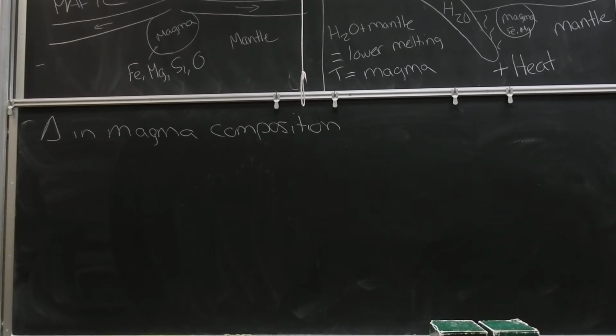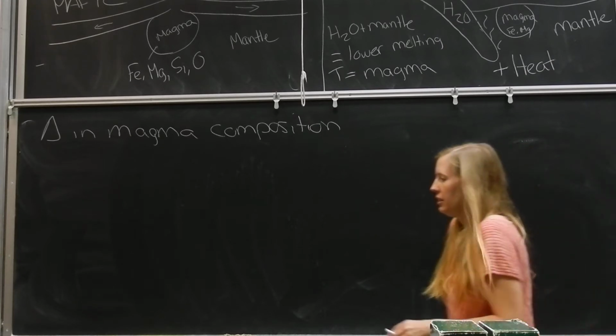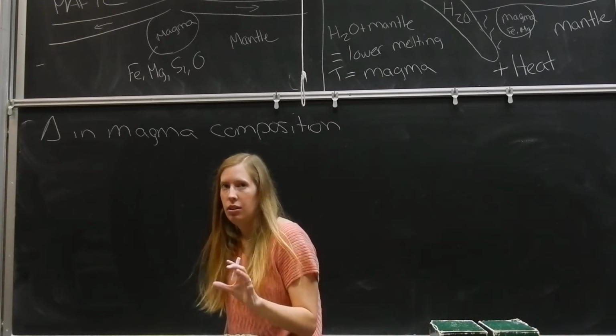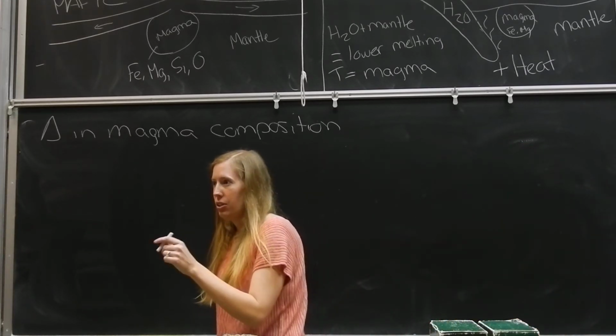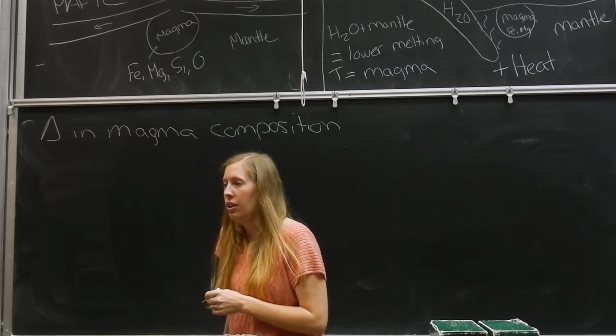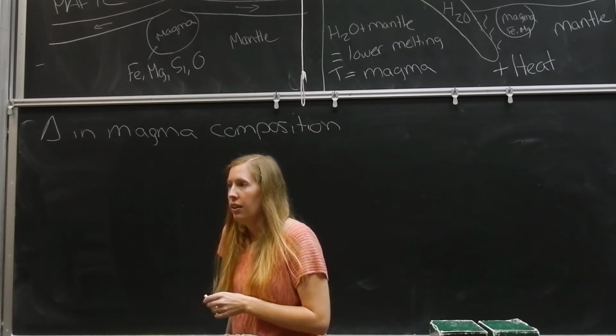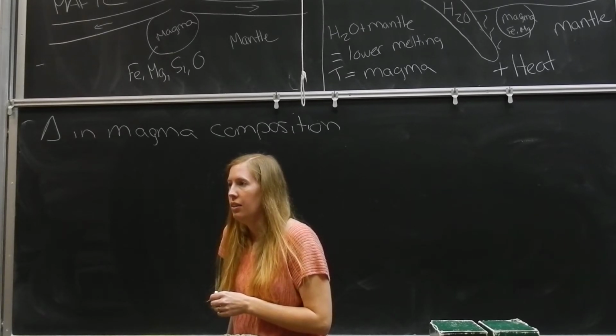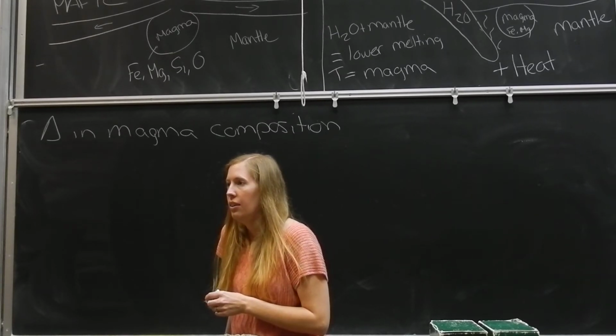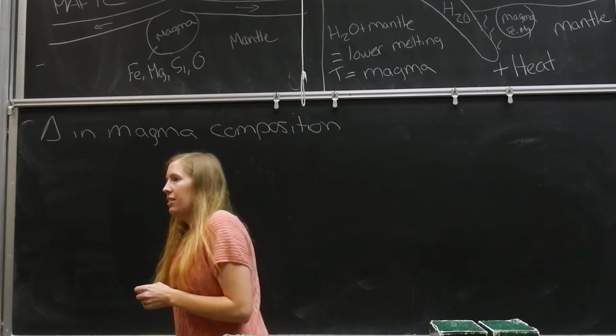Anyways, changes in magma composition. There are 3 ways that we can do this. Does anybody know one of them? Yes. As the magma rises, because it becomes less dense when it melts, it also melts the stuff that it's going through and grabs onto that and incorporates it into the magma.